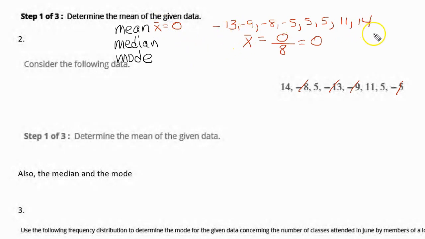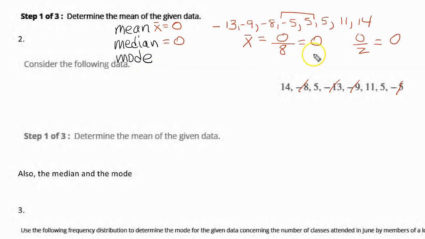Now, what's our median? Well, again, since they're even numbers, we're going to go to the 2 in the middle. So now there's 3 on this side, 3 on this side, 2 in the middle. We add these two up, and that gives us a 0 divided by 2. For our median, now it gives us a 0.